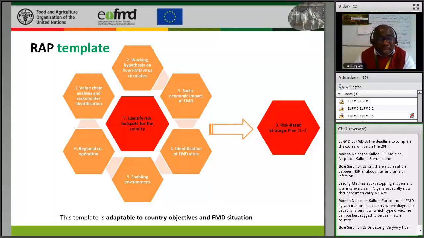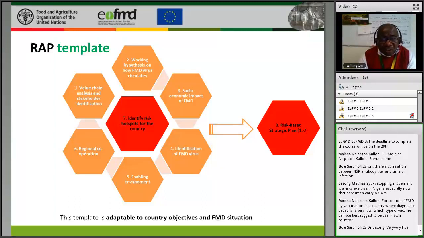Looking at that template, there are 8 important activities that have to be looked into when you are developing a risk assessment plan. The template starts with the very first one, which is the value chain analysis and stakeholder identification.